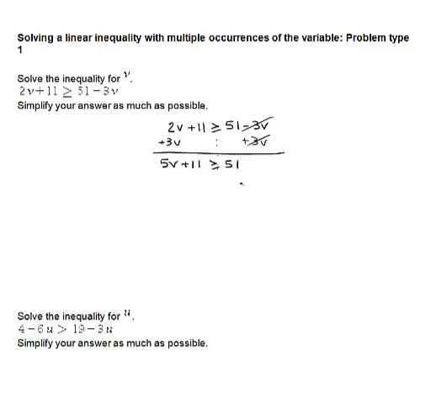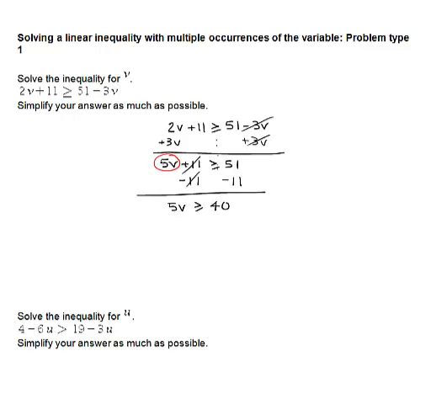So I'm almost there. Again, this is just like solving equations. I want to get my 5v by itself. And what am I doing to it? I'm adding 11. So I'm going to subtract 11 from both sides of the inequality sign. My 11s go away. I have 5v is greater than or equal to 40.